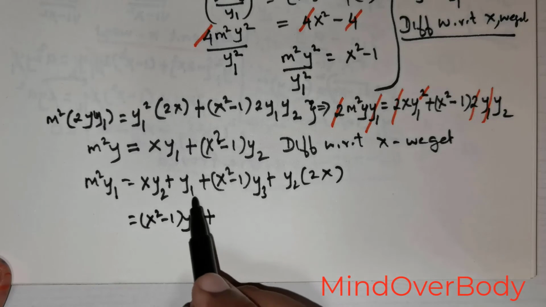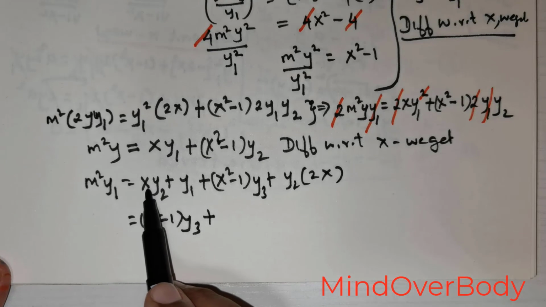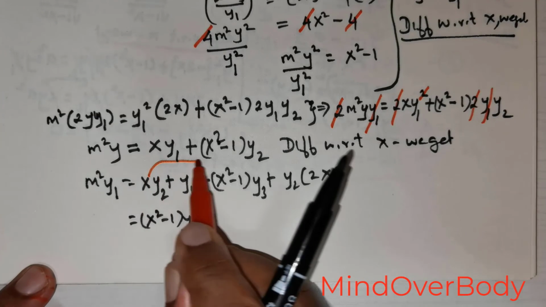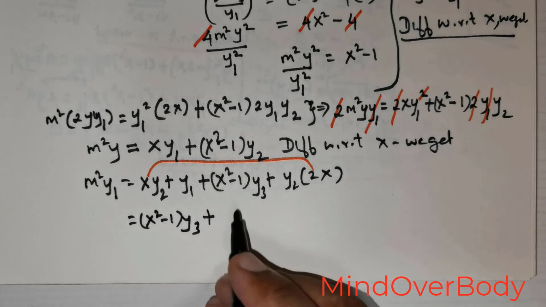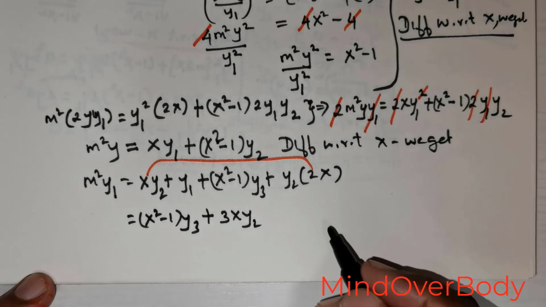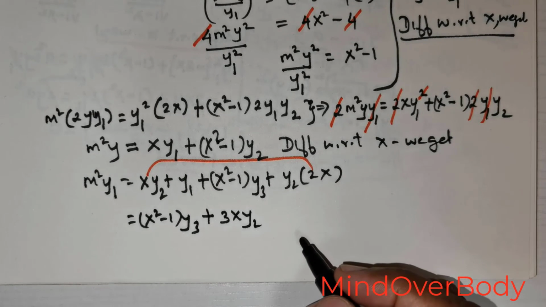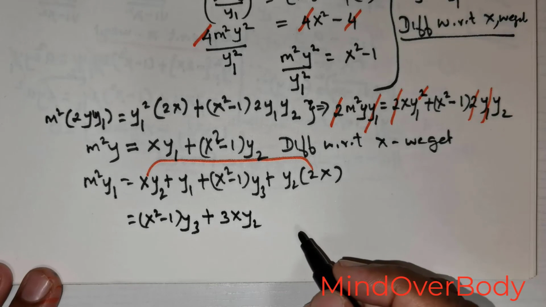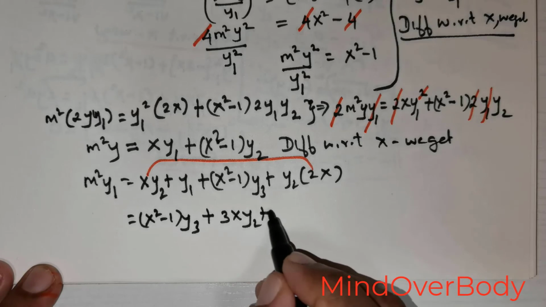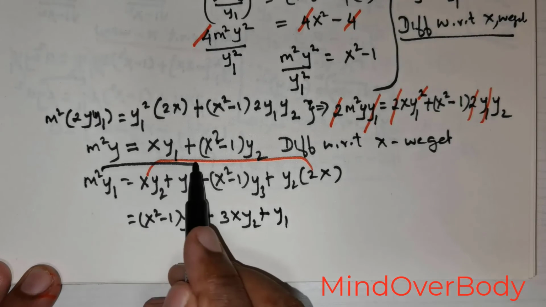Is there anything I can do? Yes, there is an x y2 there. So I can add x y2 with 2 times x y2. That would give me 3 times x y2. Fair enough. And what else can I do? There is a y1 here. So let me have that y1 and let me push this to the other end.